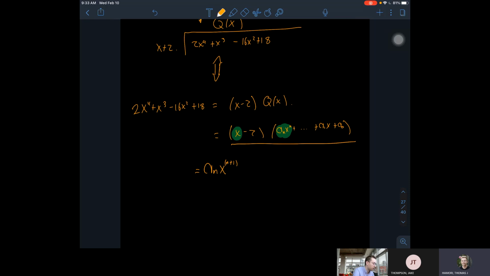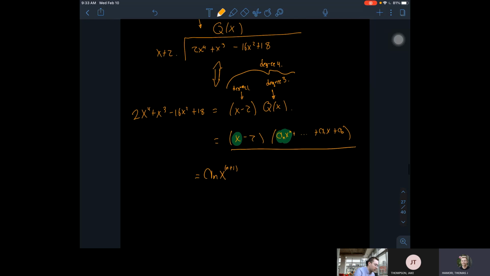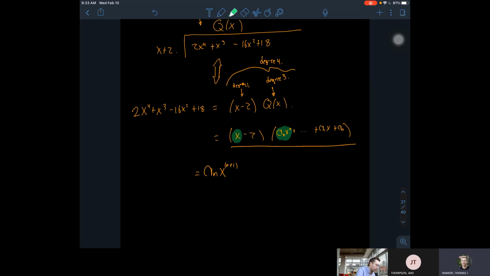Not 5, because remember q of x should be a polynomial of degree 3, such that when I multiply it times a polynomial of degree 1, I get, all told, a polynomial of degree 4. So I'm going to get something like a_n x to the power n plus 1, and here n should definitely be 3.